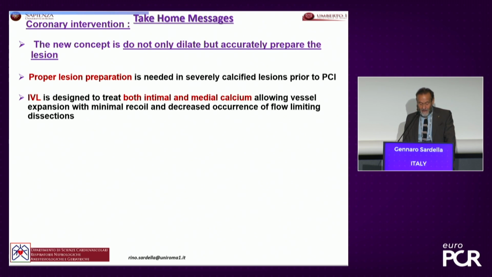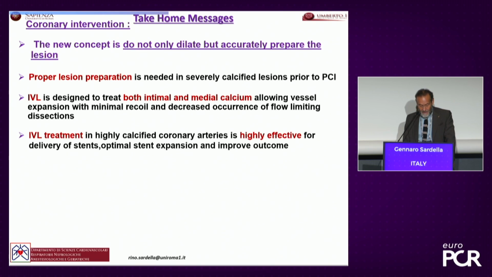Intravascular lithotripsy is designed to treat both intimal and medial calcium, allowing vessel expansion with minimal recoil and decreased occurrence of flow-limiting dissections. IVL treatment in highly calcified coronary arteries is highly effective for delivery of stents, optimal stent expansion, and improved outcome. Thus, don't only dilate the lesion, but go beyond this.